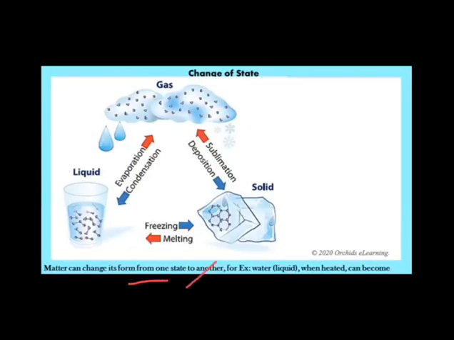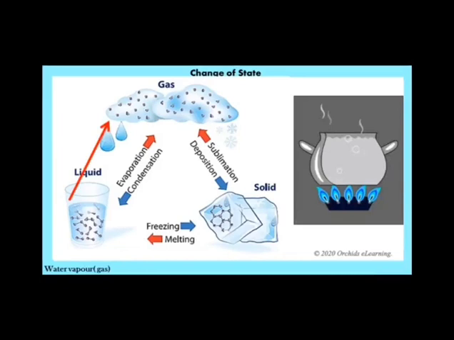Okay, for example, water when heated can become water vapor. If we heat this water or the liquid, it will change into water vapor. And here the water vapor is a state of gas.